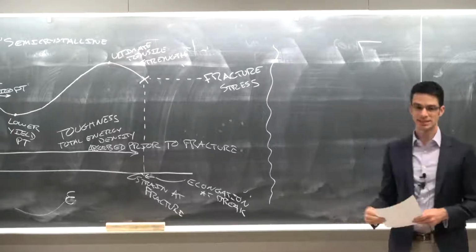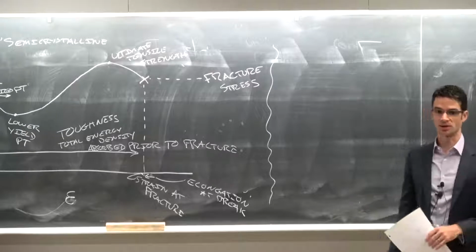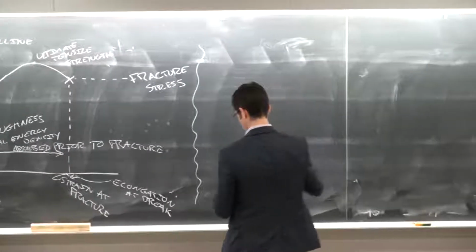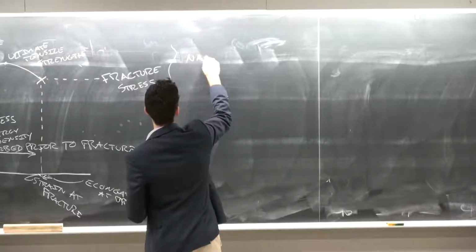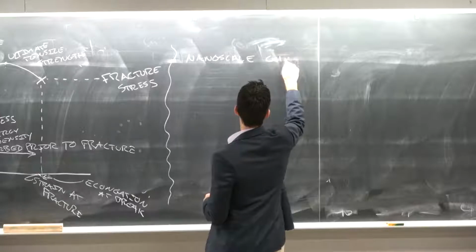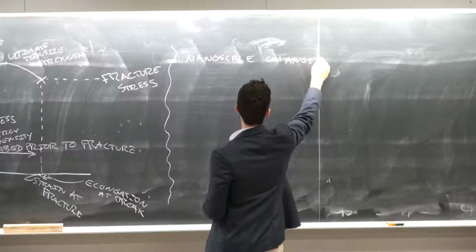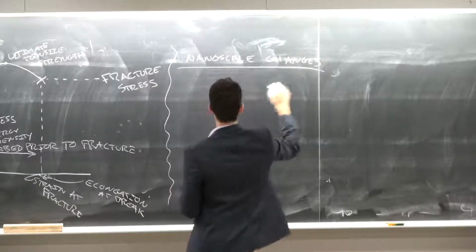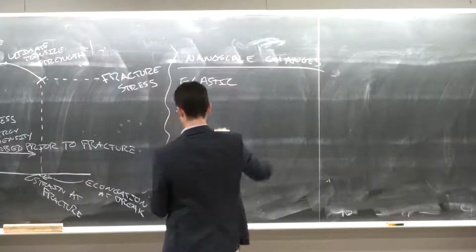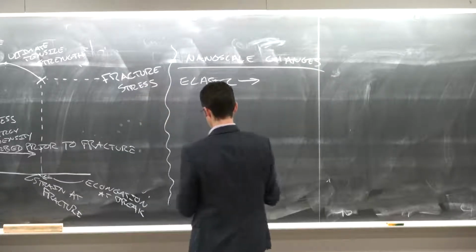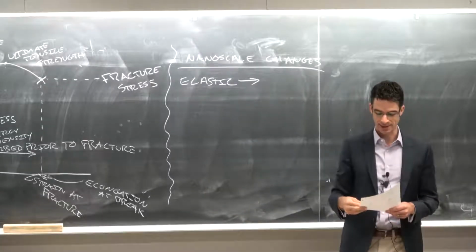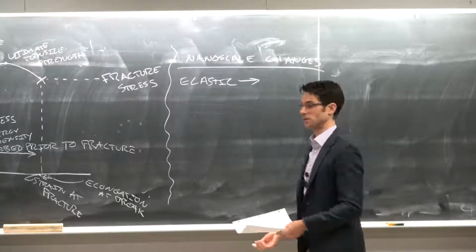Okay, what are the nanoscale changes that occur during these different deformations? In the elastic regime, the chains straighten out and entropy provides the restoring force.